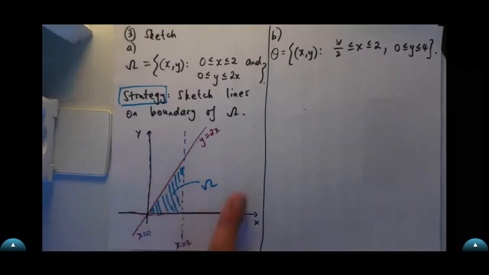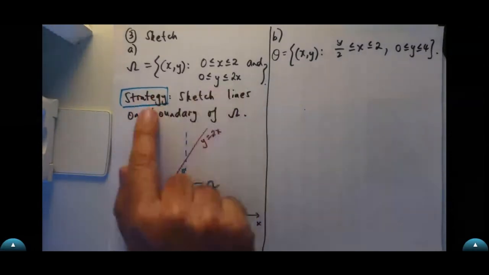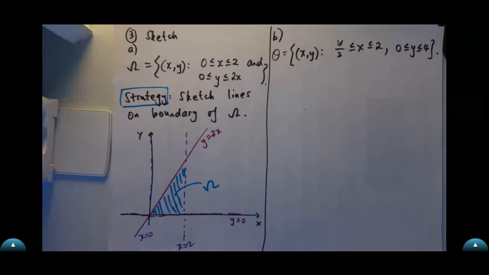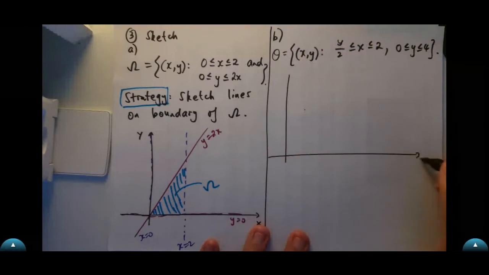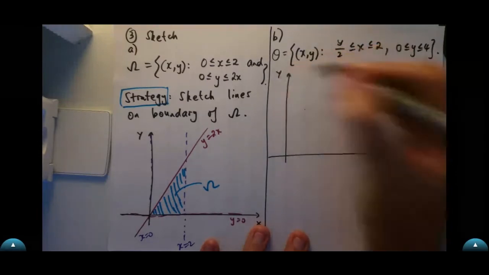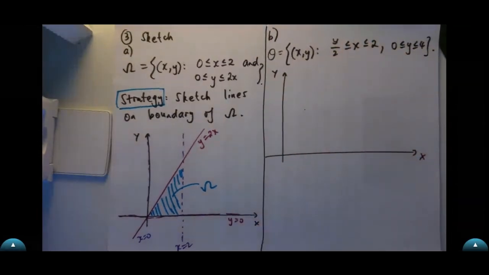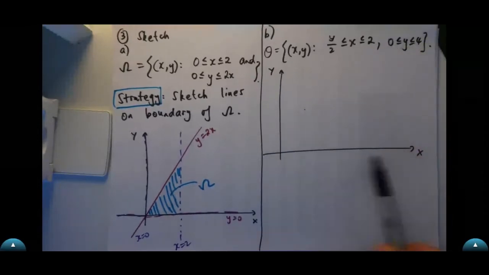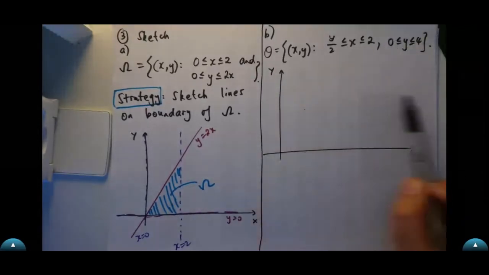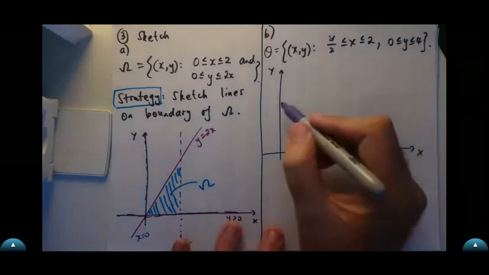So we're going to end up with a sketch like this, and we're going to do the same strategy. Let me draw in the axes. I've got y between 0, which is the x-axis, and the line 4. So let's put that in.